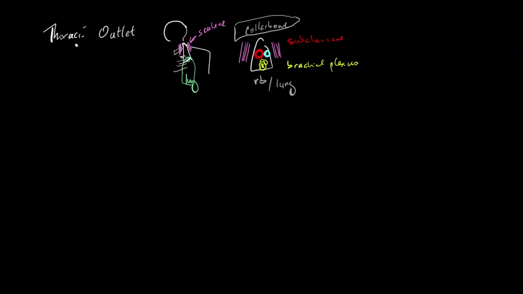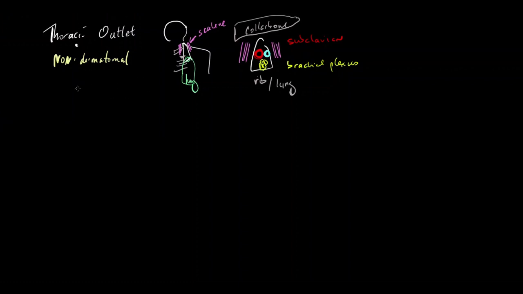Now, the key differentiating factor between the nerve symptoms in thoracic outlet versus cervical radiculopathy and all the other neuropathies is that it is non-dermatomal. And the other thing that's unique about thoracic outlet, especially on an exam, is that they will usually include vascular problems as well.